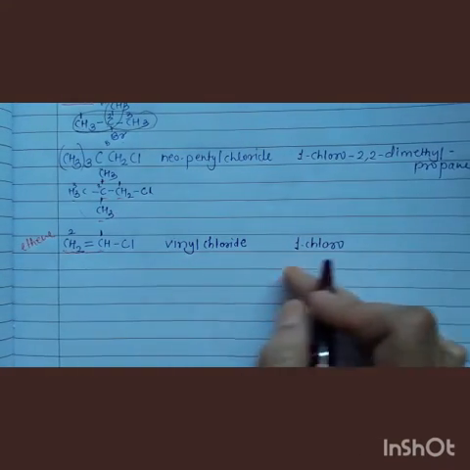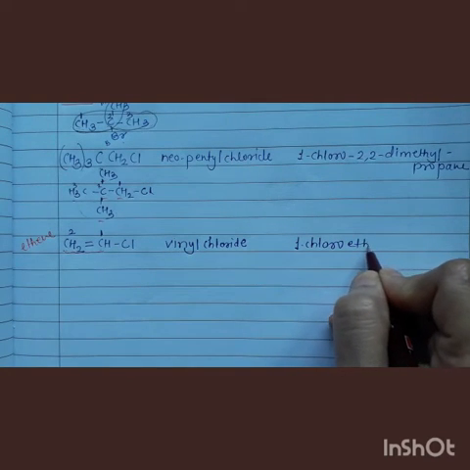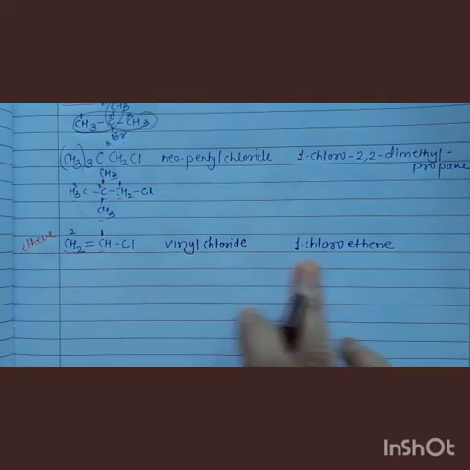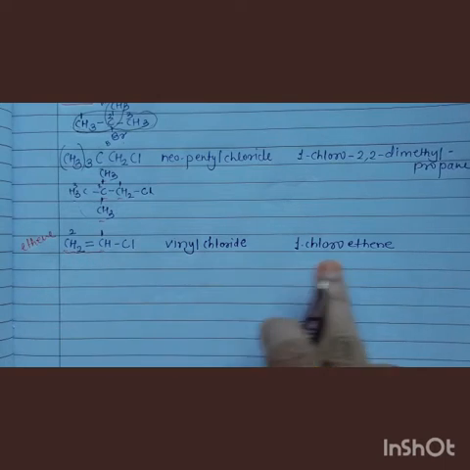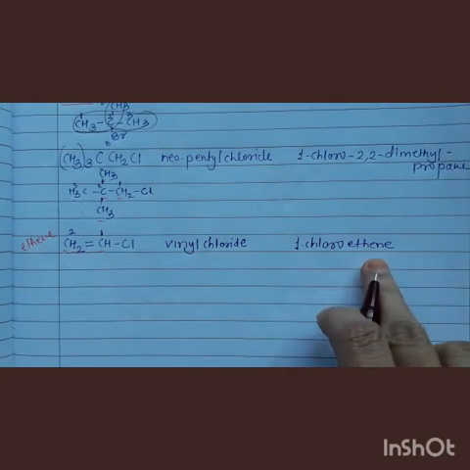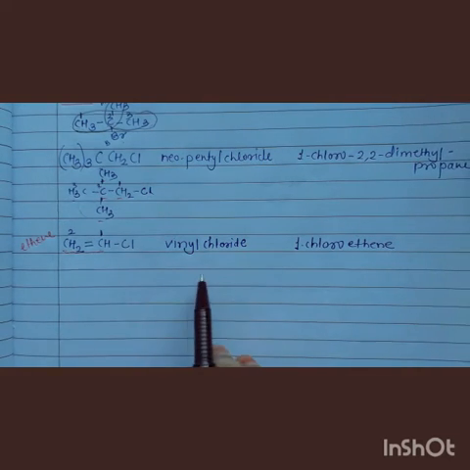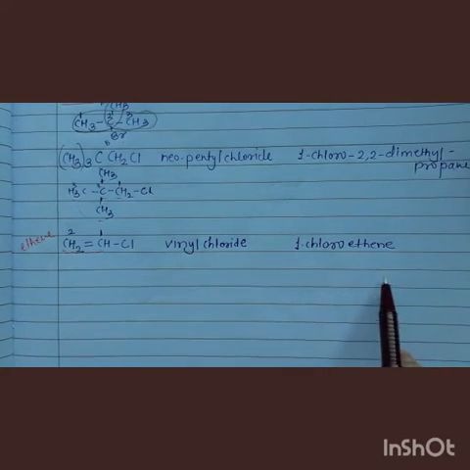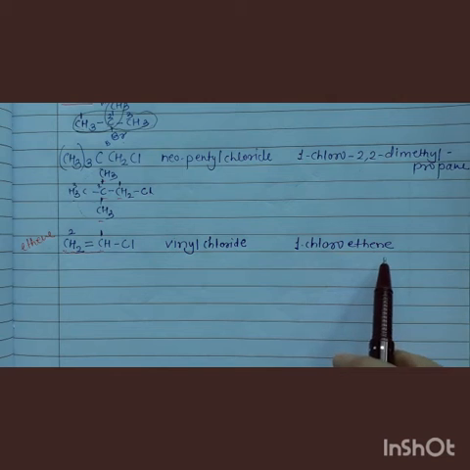So we will write 1-chloroethene. Double bond is there, that's why ethene. If a single bond is there, then ethane, ANE. When a double bond is there, ENE. So the common name is vinyl chloride and the IUPAC name is 1-chloroethene.